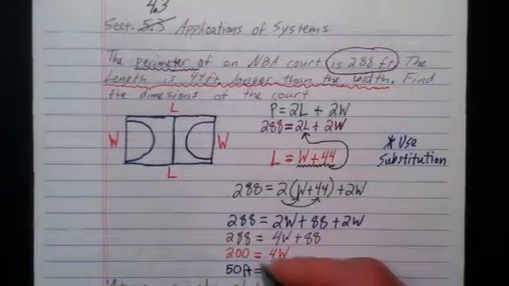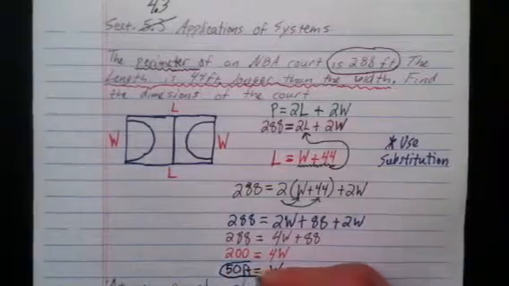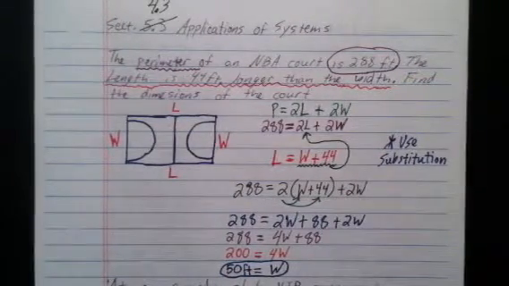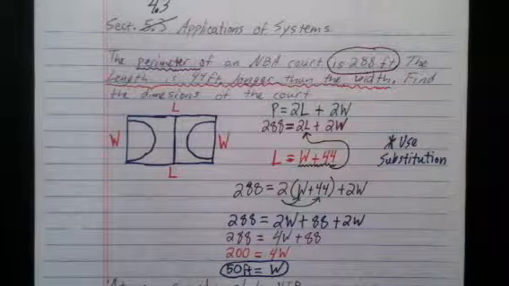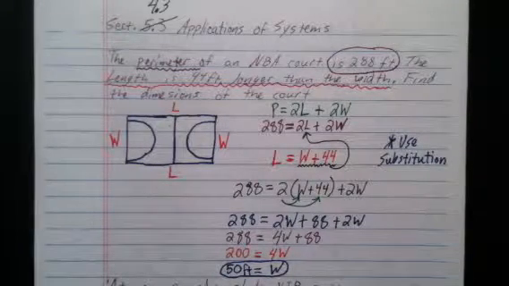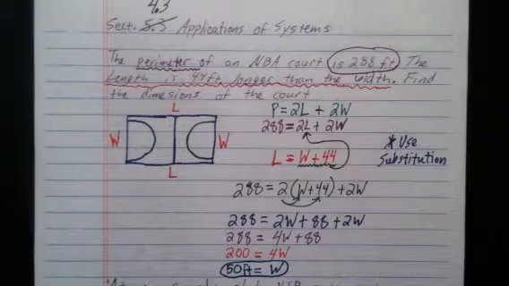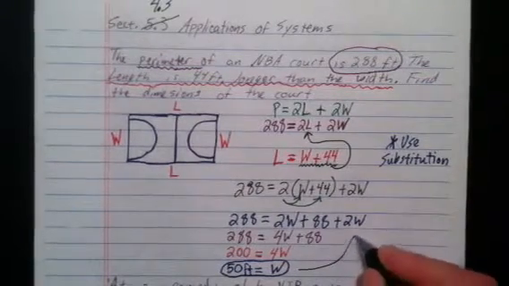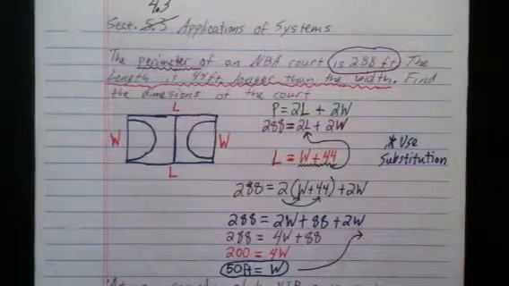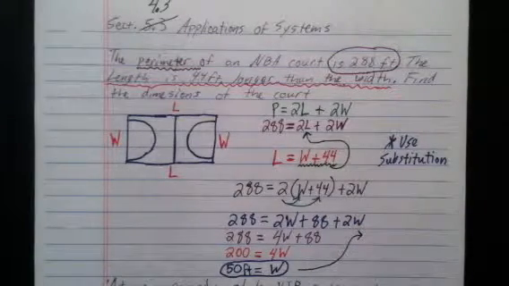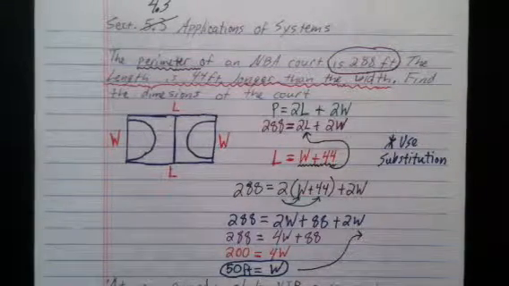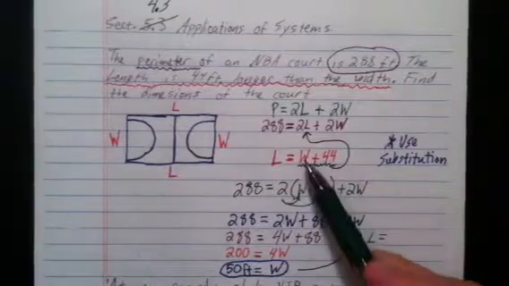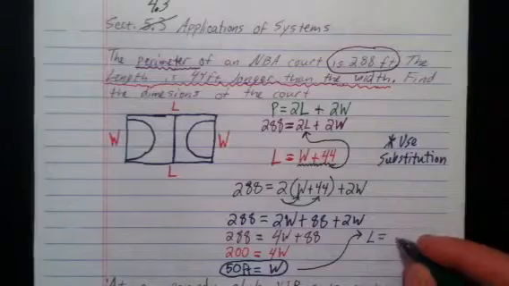So our width we just found, 50 feet. So that's half of the problem. We have to find the other half to find the other dimension of the basketball court. So if we want to come up over here, well, we know the length is going to be equal to whatever the width was plus an additional 44.